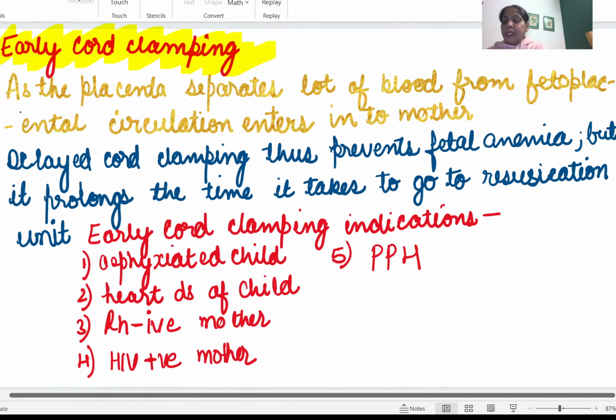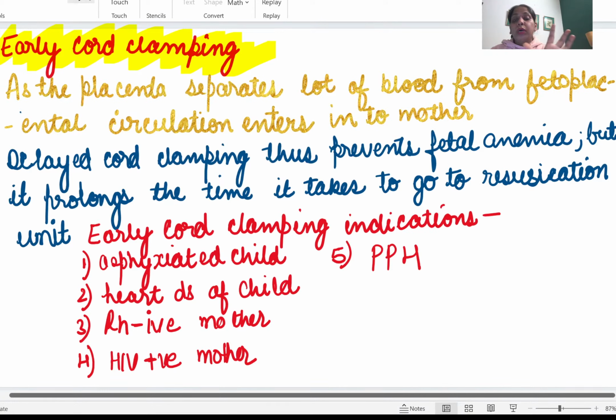Usually we do delayed cord clamping. When we do delayed cord clamping, we are not clamping the cord, which means the baby stays near the mother, and we are not taking the baby to the resuscitation unit.